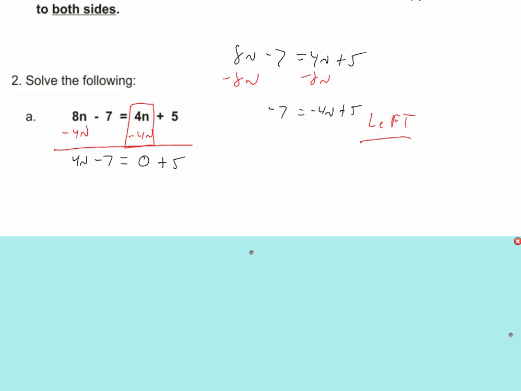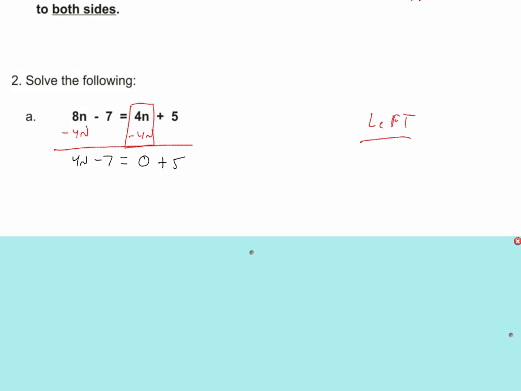What do you lose more points for on quizzes and tests than any other mistake? Your negatives, right? So when I can avoid having a negative variable, I'd rather avoid it. Again, can you do it either way? You can do it either way. It's just safer, and I'm all about safer. All right, so that was my reasoning. The reason I chose left was that would give me a positive variable.